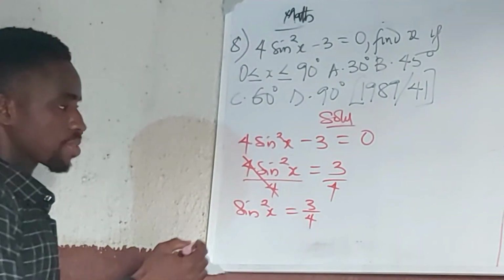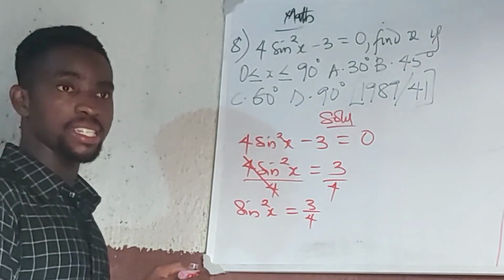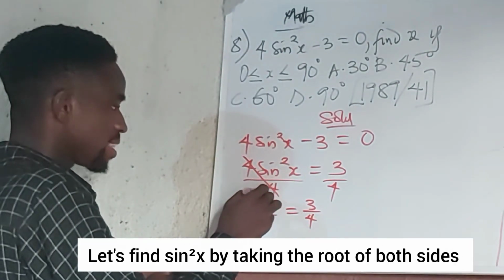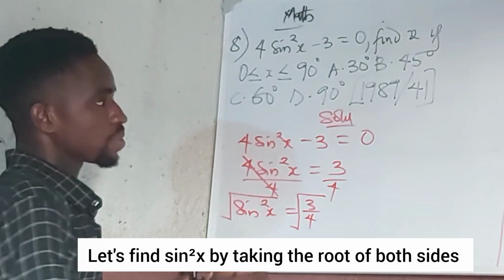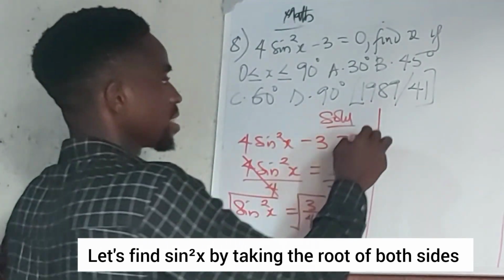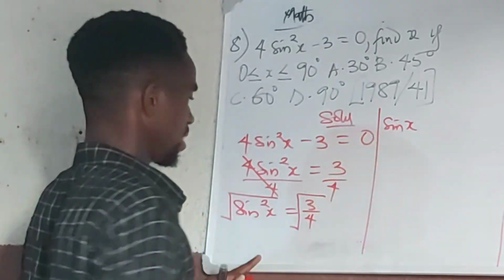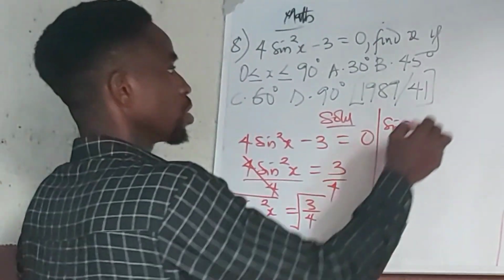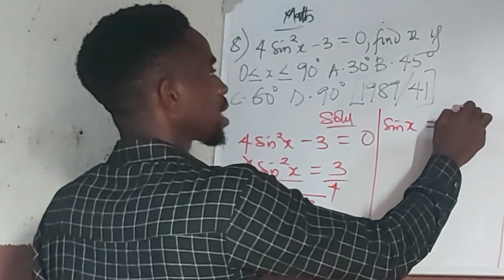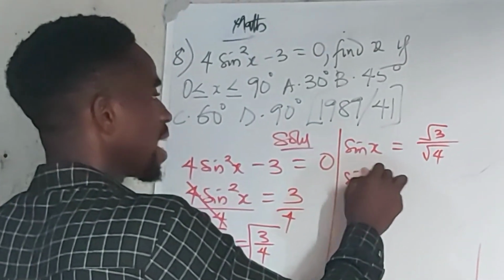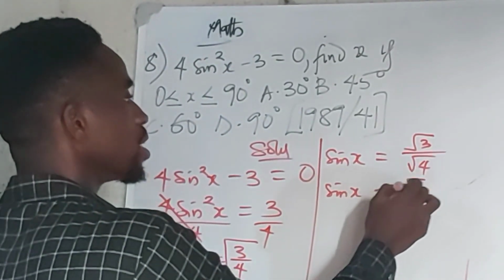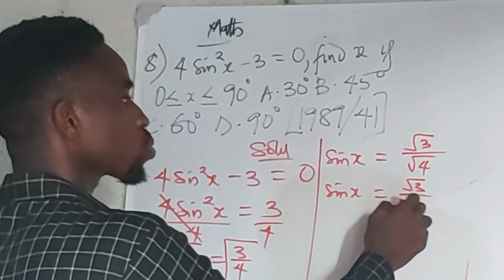Then sine squared x is what we have here. So let's find sine x by taking the root of both sides. When we take the root of both sides, we'll now have that sine x is going to be root 3 upon root 4. So sine x is root 3 upon square root of 4 is 2.